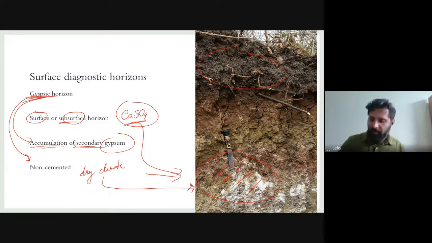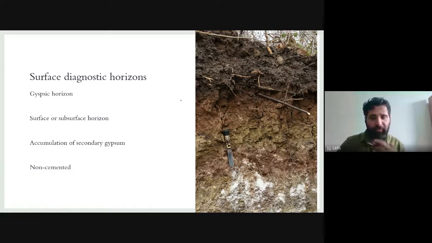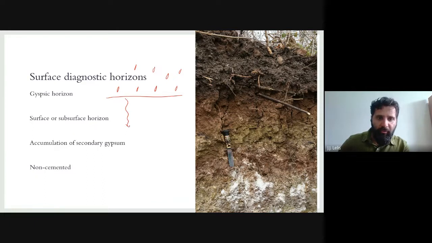How could this horizon be formed? It's very easy. When we have an arid or a semi-arid climate, we have a low rainfall regime, so the rain is not so strong, and the soils favor the infiltration of water.